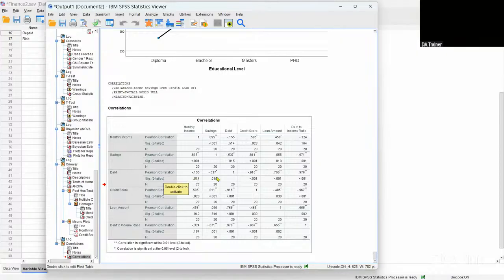Now, debt to itself is 1, and then debt correlates comfortably with credit score. There's a positive correlation there. Debt amount correlates comfortably with loan amount. You also see the same with debt to income ratio.